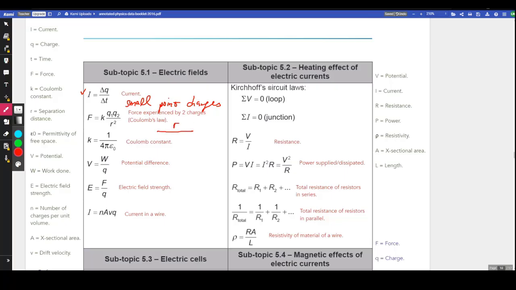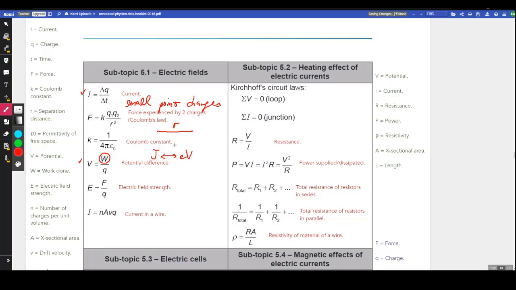The next one is the definition of voltage, which is work done, that means energy over charge. So nothing really much to remind you, except this is useful for converting from joule to electron volt.